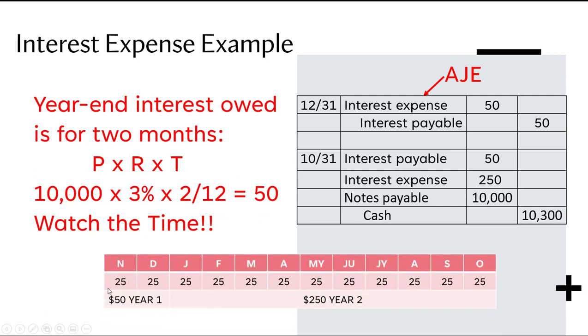All right, let's look at it here. So every month, if you turn this into a 1, right, 10,000 times 3% times 1 over 12, you're going to get $25. So every month, we owe $25 of interest. So at the end of the year, we owe $50, right?